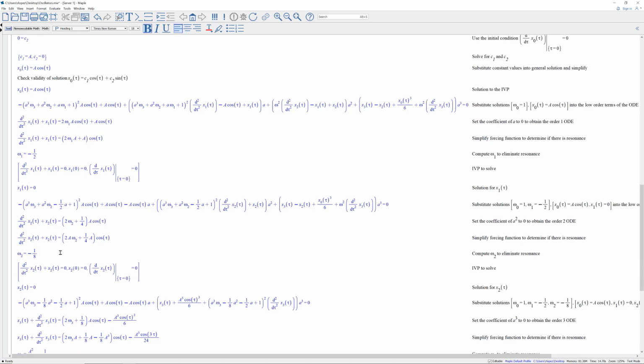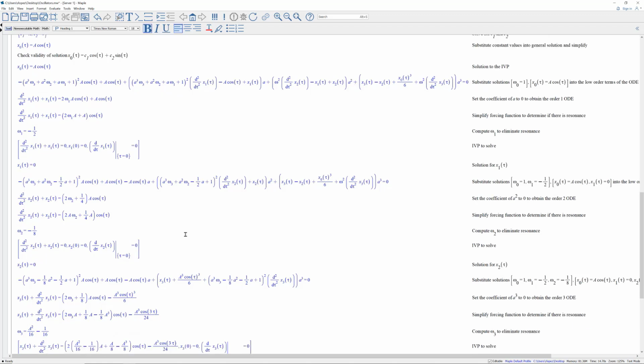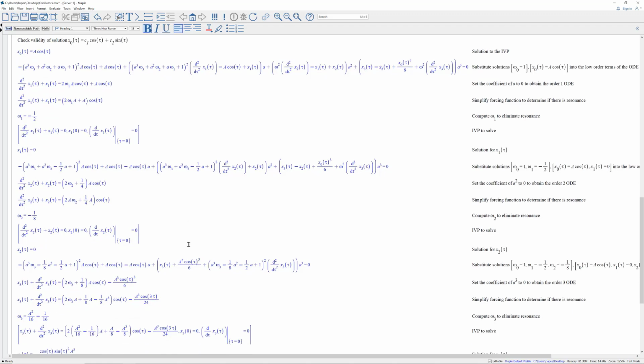You take that information and you put it back into the big messy differential equation. That's right here, but before getting right here, Maple solves this initial value problem and simply declares x2 is 0.